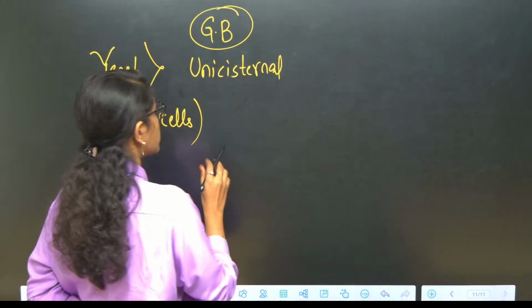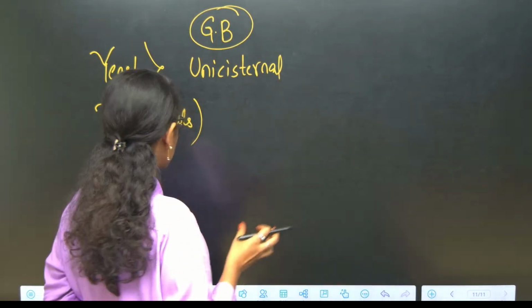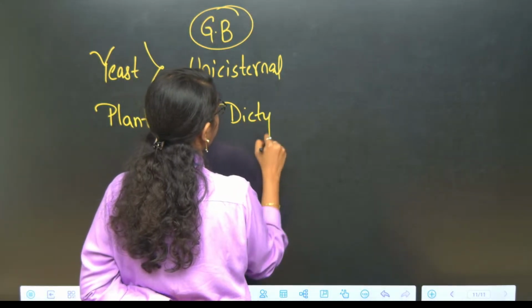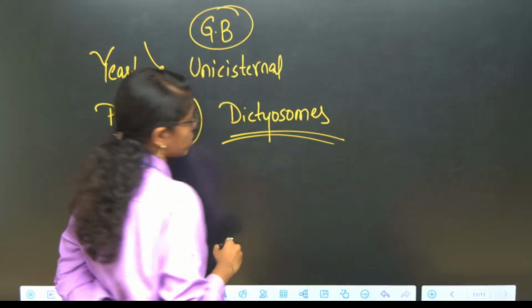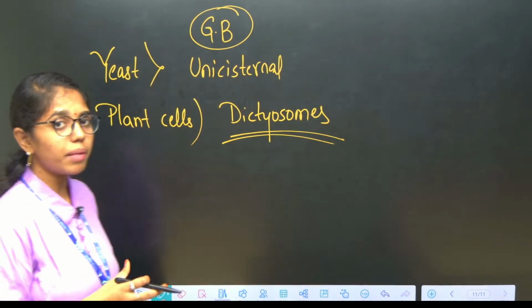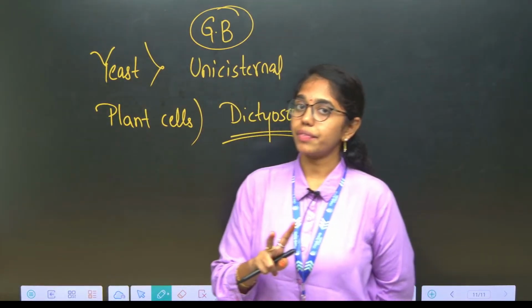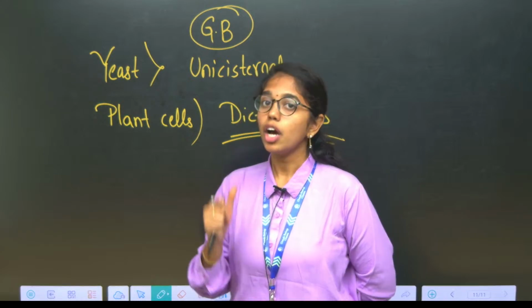Such Golgi bodies seen in plant cells are called dictyosomes. And in animal cells, Golgi bodies are profusely branched. This is all about the two single membrane bound organelles we have discussed, endoplasmic reticulum and Golgi bodies.